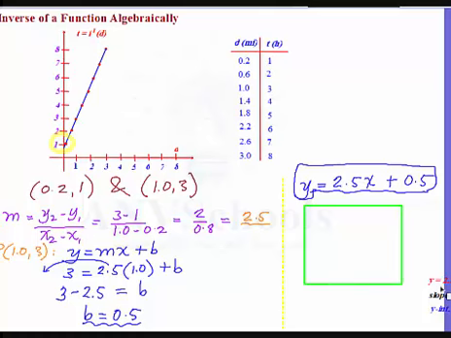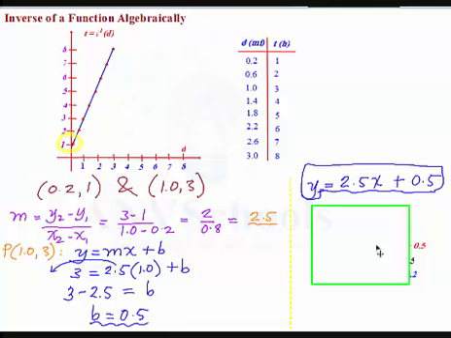So in summary, we have our y is equal to 2.5x plus 0.5. Our slope is equal to 2.5, and we have a y-intercept occurring at 0.2. How did we get this y-intercept? To get our y-intercept, let x is equal to 0, and we solve for our y.